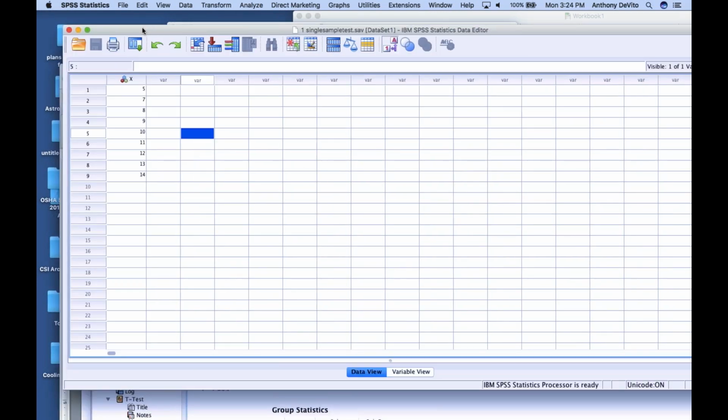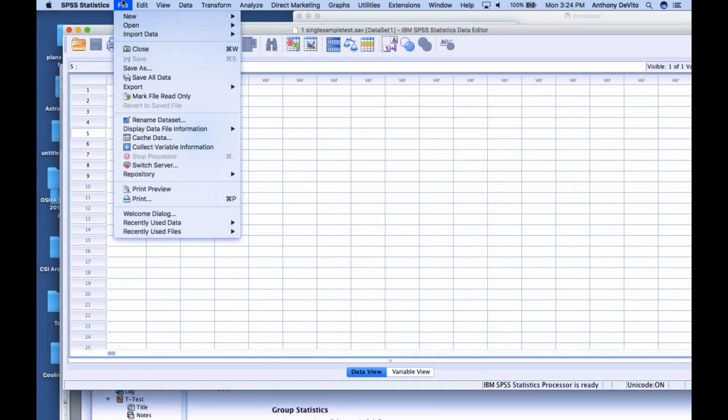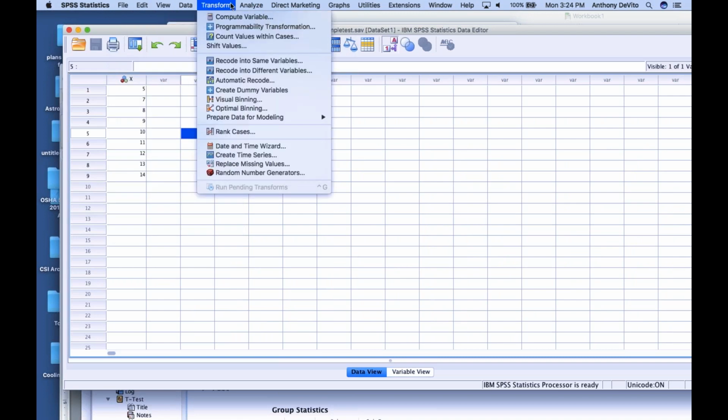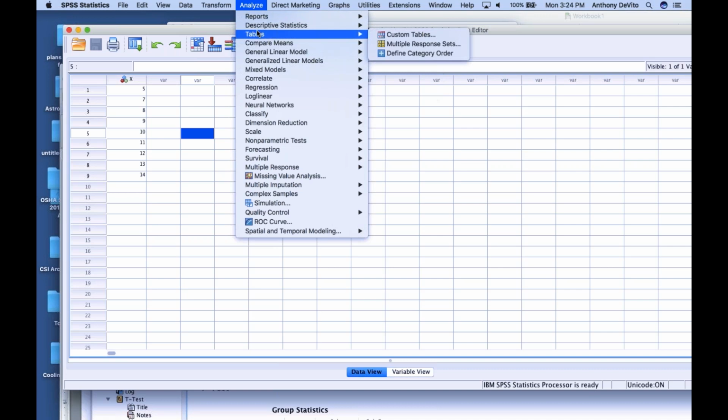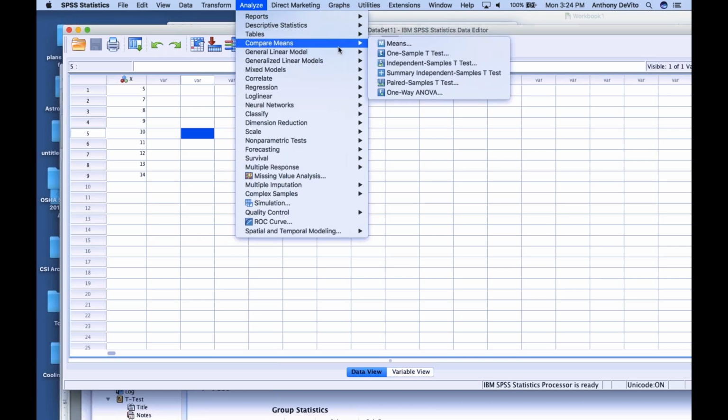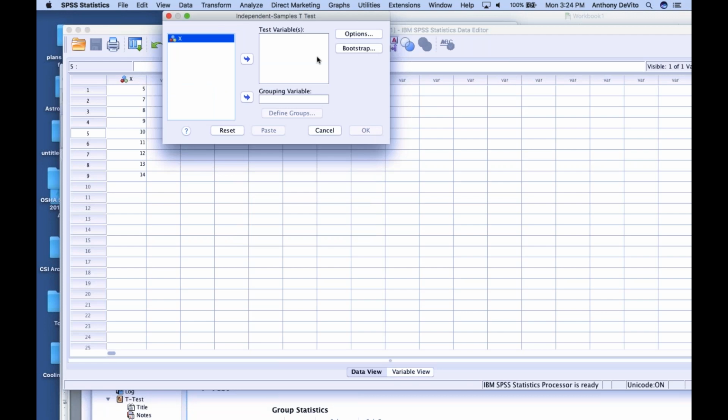Compare means, independent samples t-test. Whoops, what did I do here?